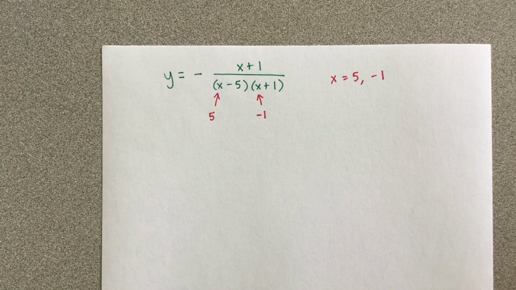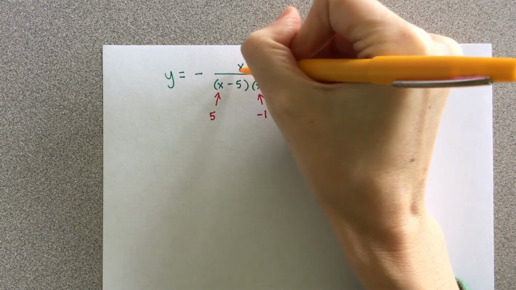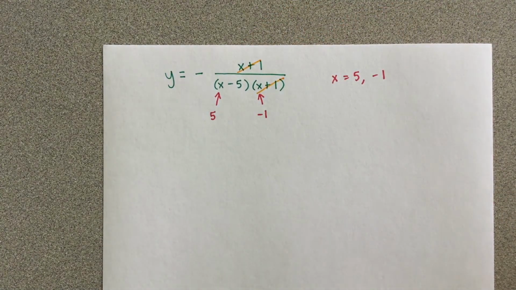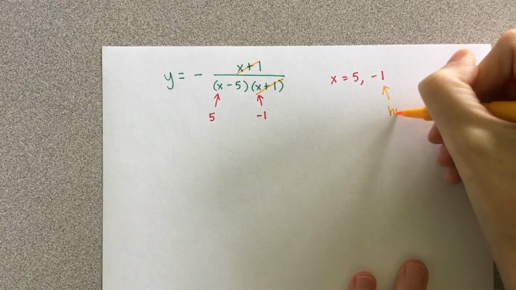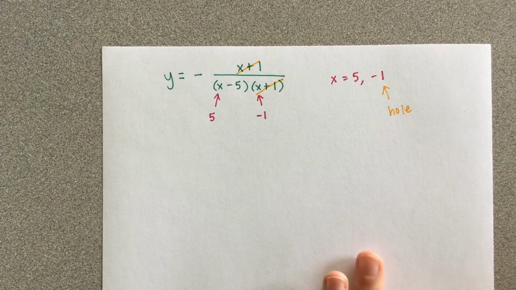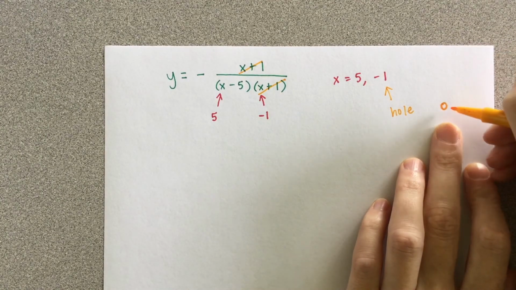So which one is the hole and which one is the vertical asymptote? Notice that the x plus 1's could cancel out. And so this negative 1 is going to be where the hole is in the graph. So there's going to be an open point, an open circle, at that point.